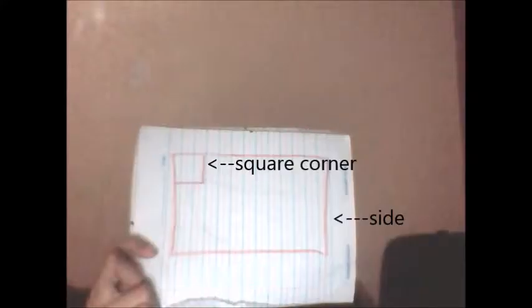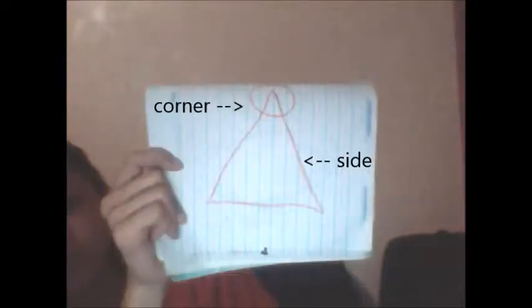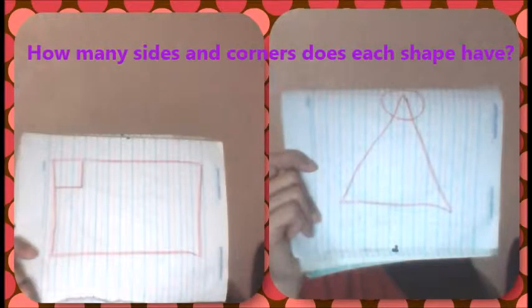Review this picture. How many sides and corners does each shape have? Again, a circle doesn't have any corners or sides.